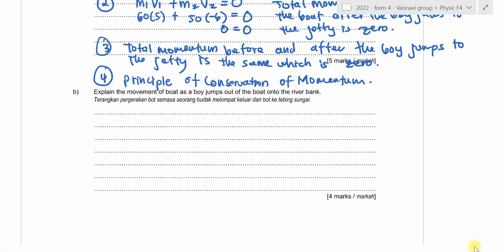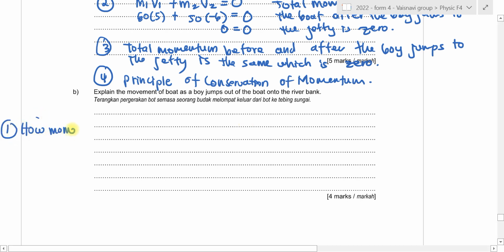Okay, you need to tell all of them in 4 points. Okay, so how you can start you need to break down into 4 points. So first, kalau ditanya saya, advice saya macam ni. First, you explain how the momentum produce in whatever situation also, how momentum produce, and then you tell according to the principle of conservation of momentum, what blah blah blah, and then there will be another momentum acting here, and that's why the boat move like this, the effect.